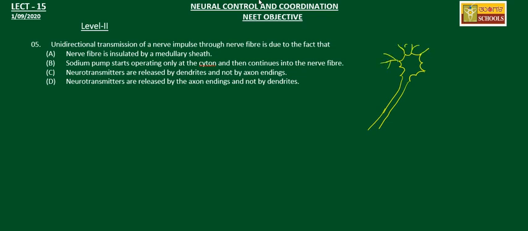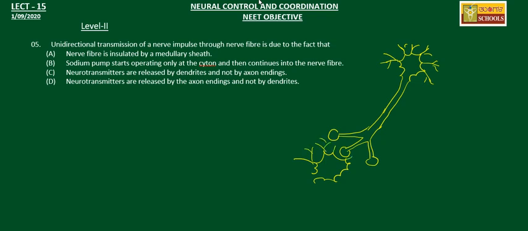One neuron is connected to another neuron in this way. At the end we have synaptic knobs, and again here the cyton and dendrites of another neuron.